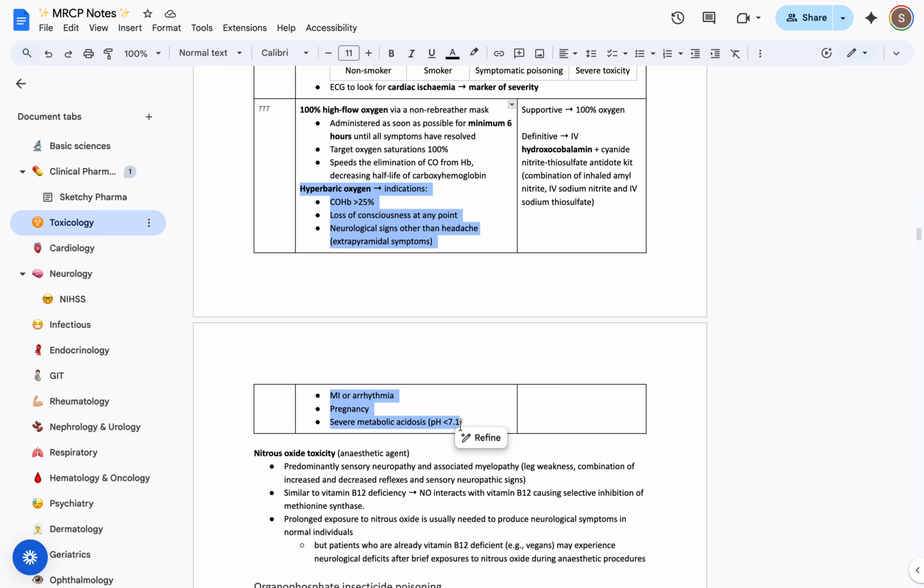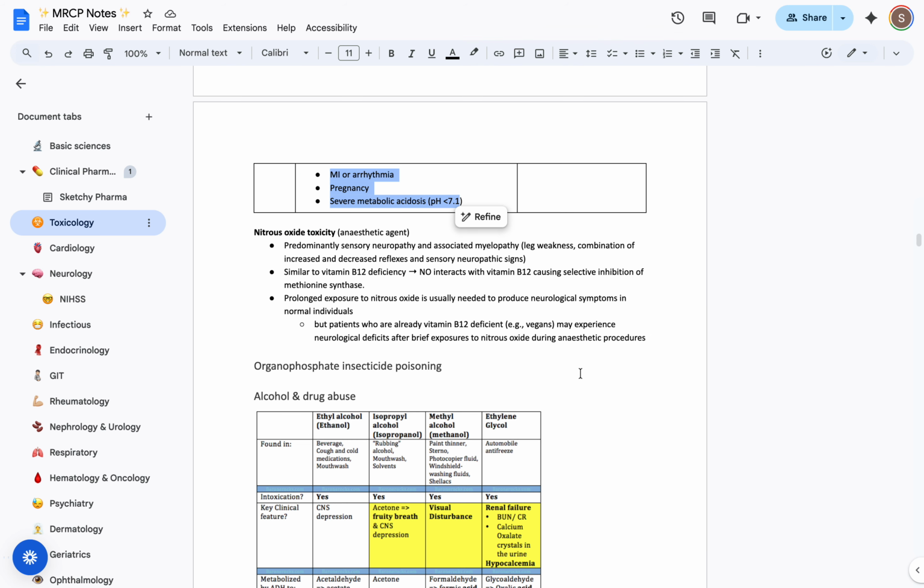There's another gas that could also lead to poisoning, which is called nitrous oxide. Nitrous oxide is an anesthetic agent. It leads to sensory neuropathy and myelopathy, so leg weakness and neuropathic signs. It is similar to vitamin B12 deficiency. Why? Because it interacts with vitamin B12. Prolonged exposure to nitrous oxide is usually needed.